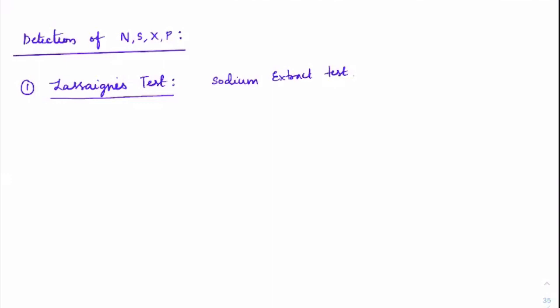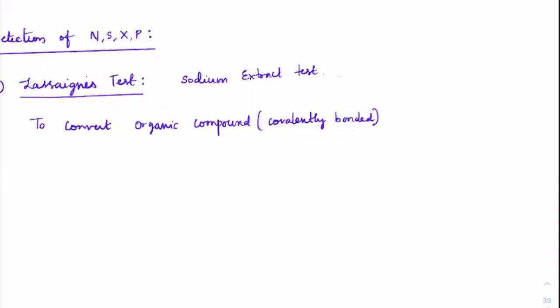In order to convert the organic compound into the ionic form, we need to prepare this sodium extract. The idea here is that in an organic compound, all the atoms which we want to detect may be covalently bonded, and we want them converted into ionic forms.